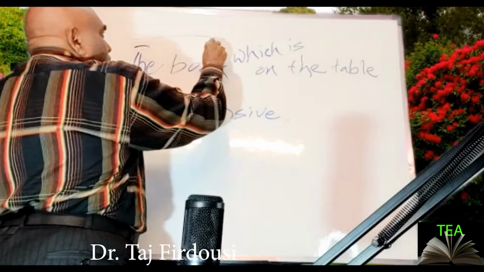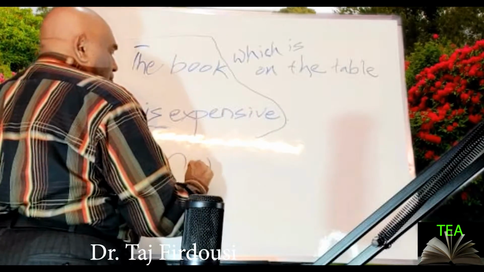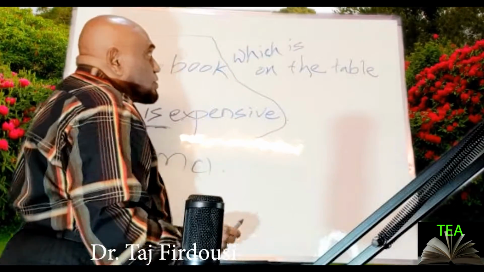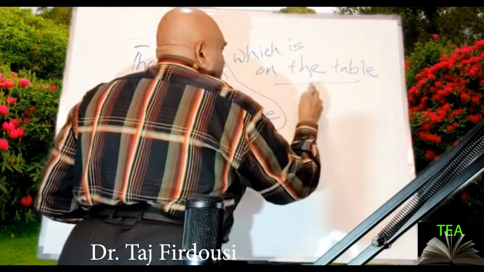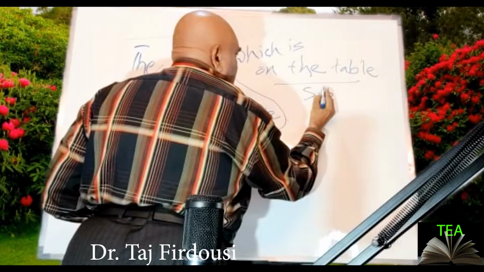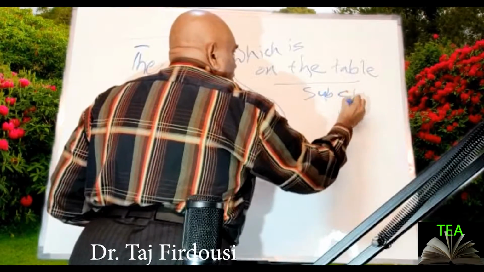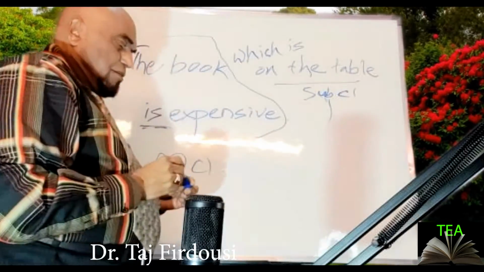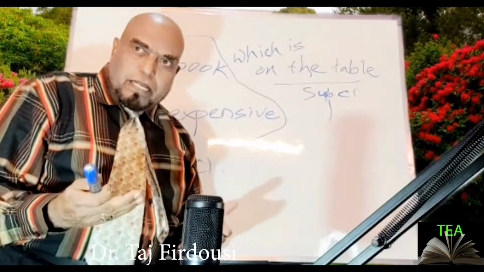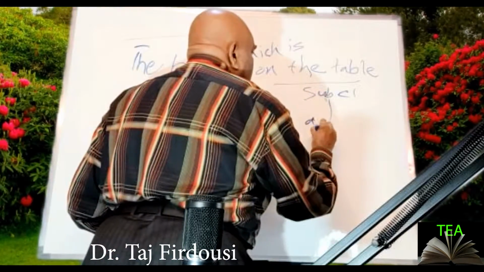The main clause is the book is expensive, MCL. Which is on the table is a subordinate clause, SUB. What work is it doing? It explains the book, which is a noun. Anything that explains a noun is called an adjective clause.